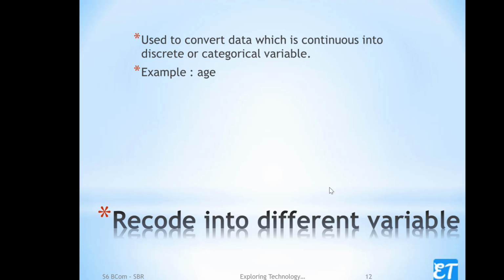Up to 18 it is represented by 1. Between 18 and 20 I can represent it as 2, then 20 to 22 as 3, 22 to 24 as 4, and greater than 24 it is 5. Like that I can create a new categorical variable.